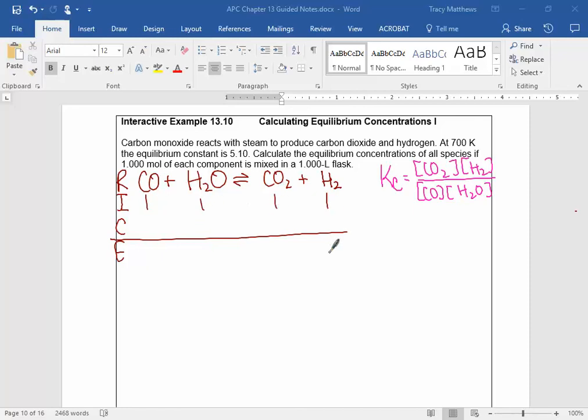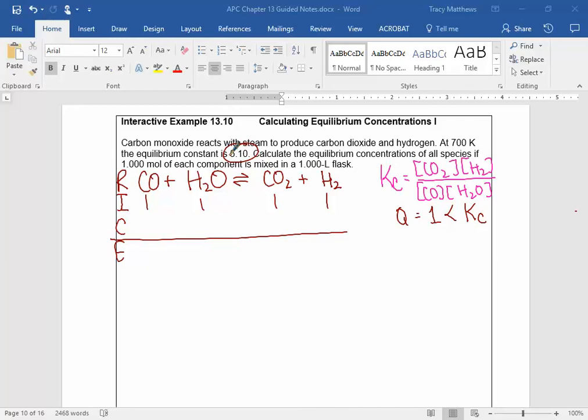So in order to figure out which way this reaction will proceed to reach equilibrium, what must we calculate? Q. Remember, Q is the equilibrium constant, but with initial amounts. So 1 times 1 over 1 times 1 is 1. So Q equals 1. How does that compare to K? It's less than K because K is 5.10.